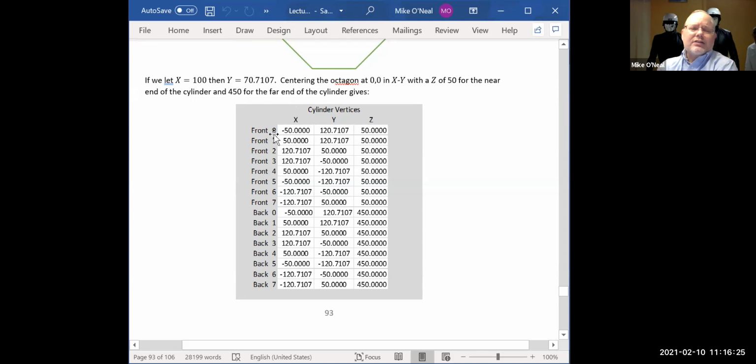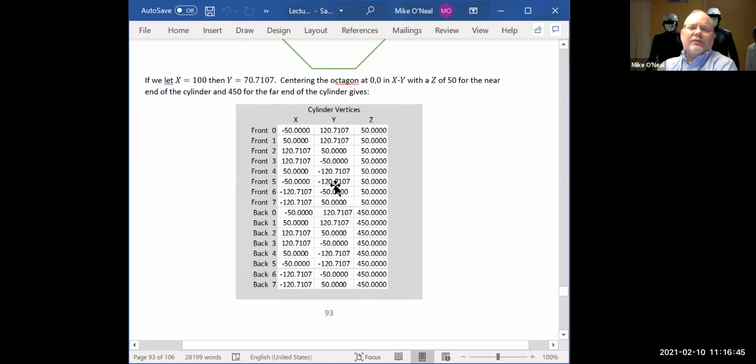So really, if you look at this, there are 0 through 7, that's 8 vertices, and 0 through 7, that's 8. So you've got 8 front vertices and 8 back vertices. All of the front vertices have a z of 50, and all of the back vertices have a z of 450. So this thing is 400 units long, right?